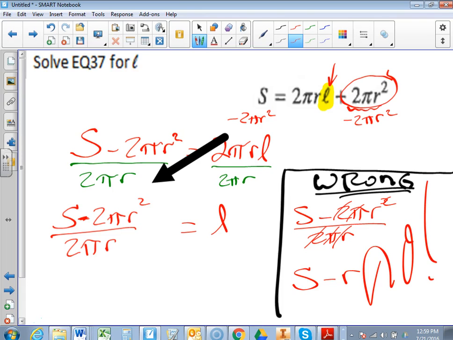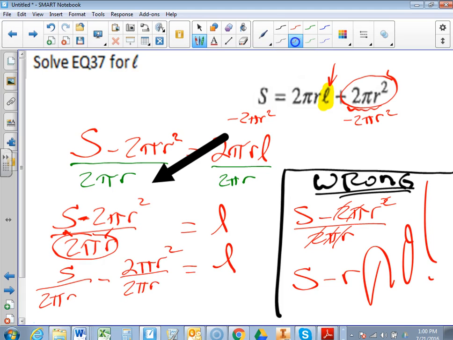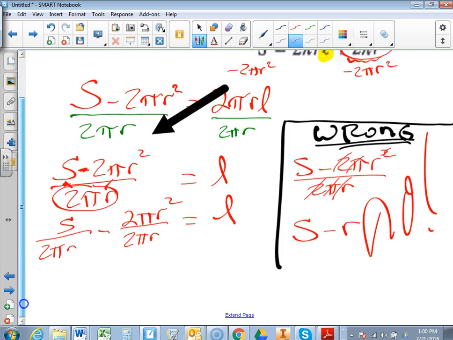The best you can do, if you want to cancel some stuff, is to put this under both of these. You can write s over 2 pi r minus 2 pi r squared over 2 pi r. You can do that, and that would allow you to cancel this portion of it right here.